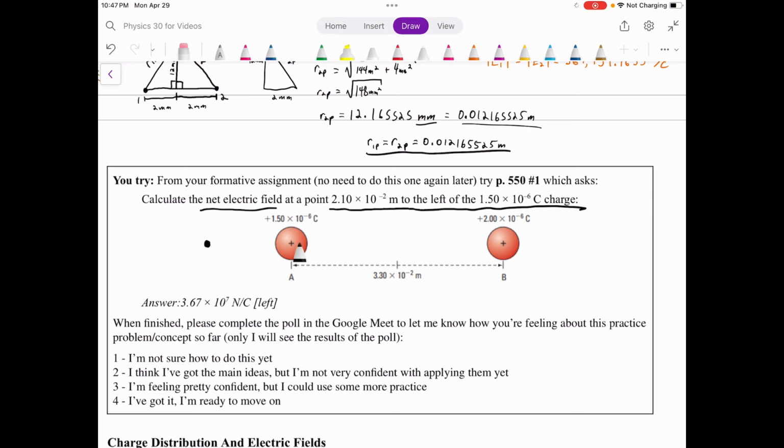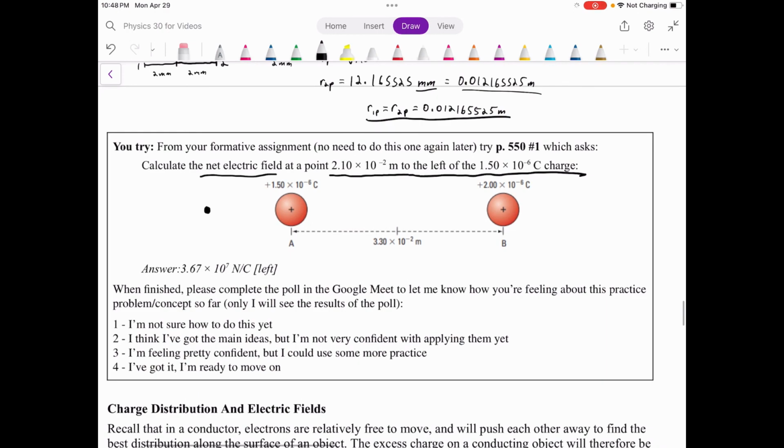This charge generates an electric field there, which you can calculate with kQ over r squared. And this one generates an electric field over there, which you can calculate with kQ over r squared. You've got everything you need. Then all that's left is to add those two electric fields, being careful about directions: opposite signs for opposite directions, same signs for same directions.